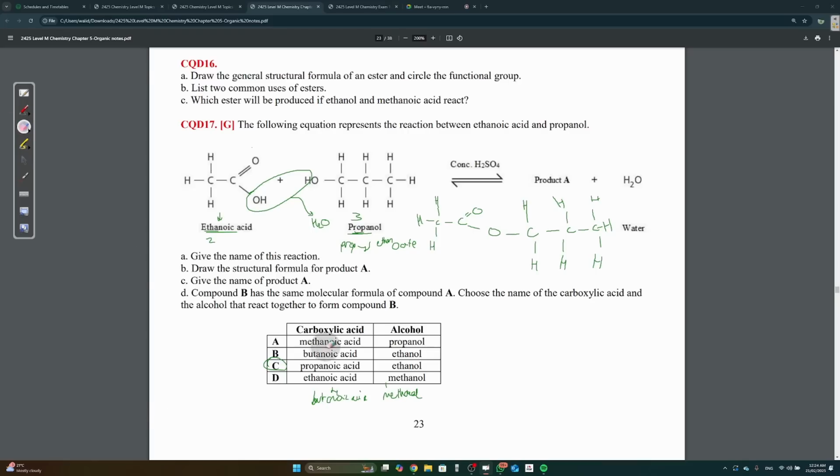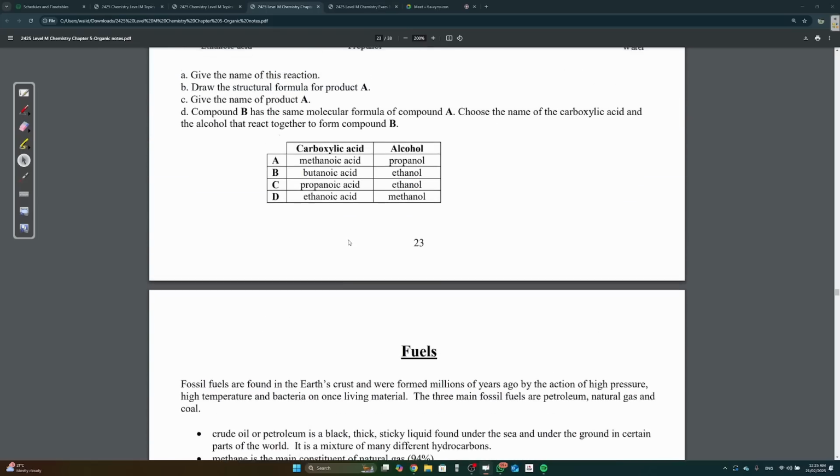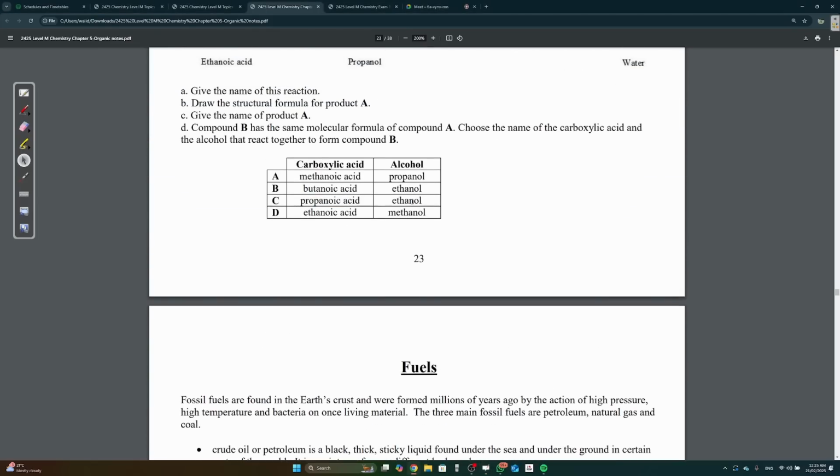Or maybe methanoic acid and butanol. This is 1, this is 4, so the sum will be 5. So what I'm trying to show you is that what counts is the sum.